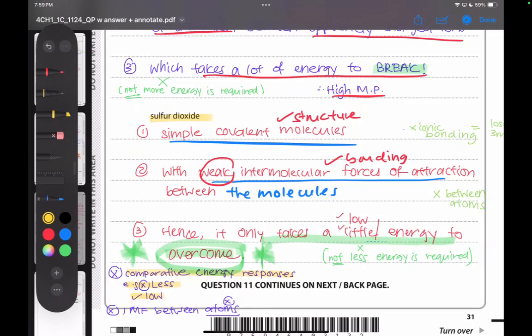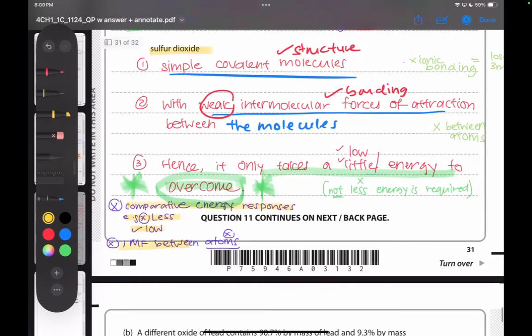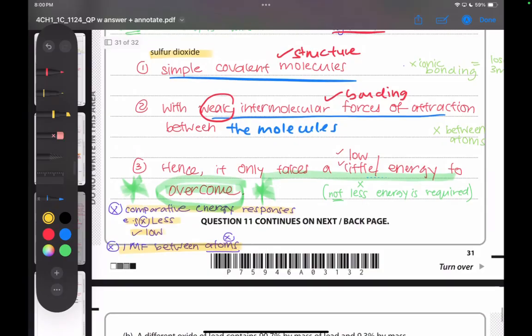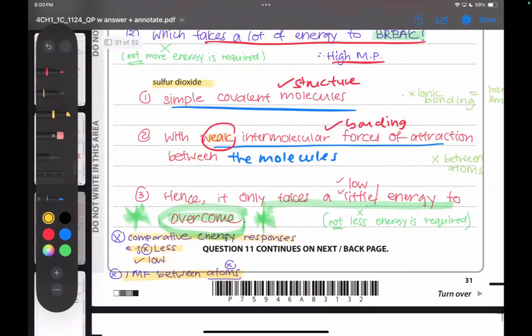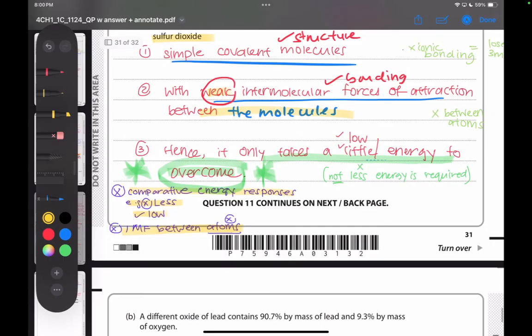You just need to discuss each of them, so there is no need to use comparative language. You don't use lesser or lower, things like that. Intermolecular forces is only to be used between molecules, not atoms. Those are common errors, so take some time to appreciate them and do not make them in the exam.